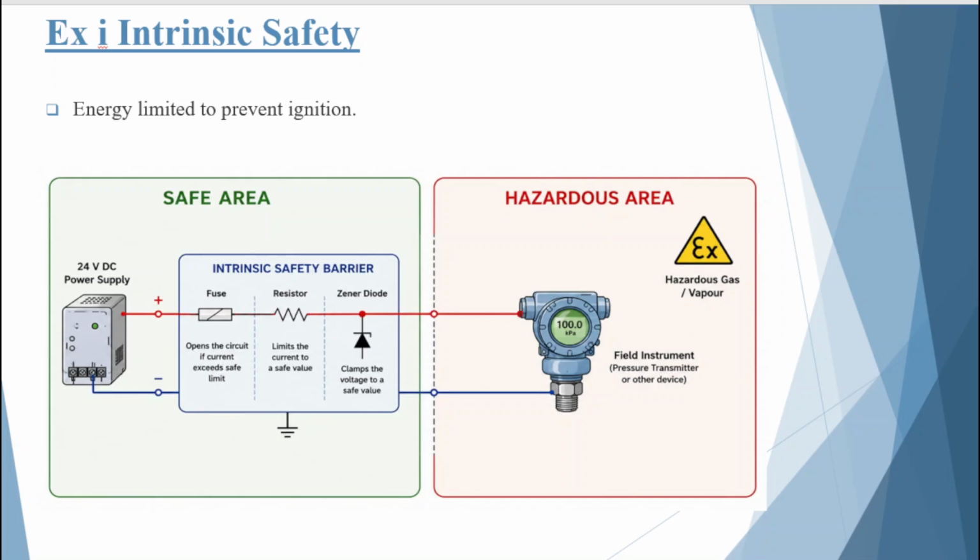It is not suitable for high-power equipment such as motors or large electrical heaters, which require much higher electrical energy to operate. To summarize, the principle of XI intrinsic safety is straightforward. If there isn't enough electrical energy to ignite the hazardous atmosphere, an explosion cannot occur.